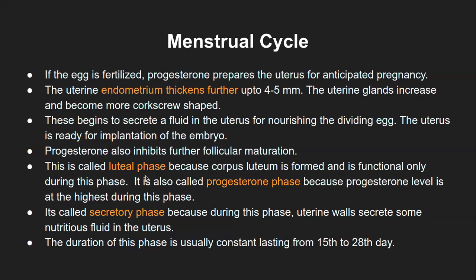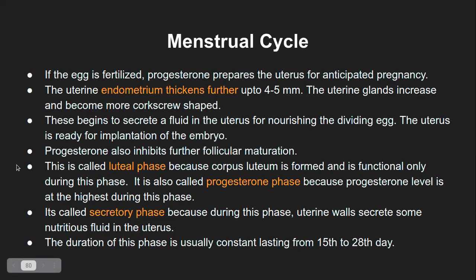This is called the luteal phase because the corpus luteum is formed and is functional only during this phase. Luteum and luteal, that's why it is called the luteal phase, because the corpus luteum is only formed in this stage and is active. It is also called the progesterone phase because the progesterone level is highest during this phase.